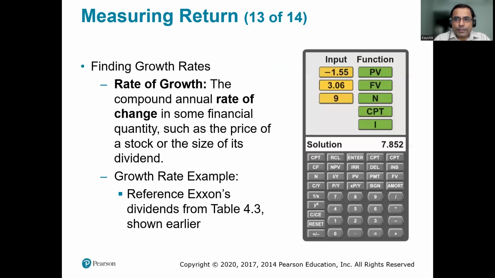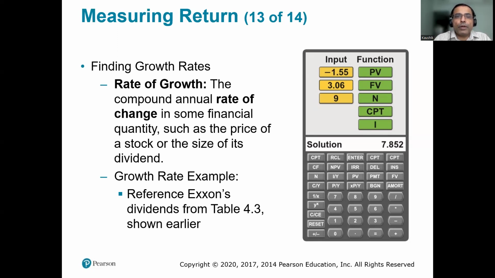The next measure is annual rate of growth. This is more relevant for investments which have more than 1 year maturity. So in this case, we want to find the annual growth rate. What has been the year-on-year growth on average?